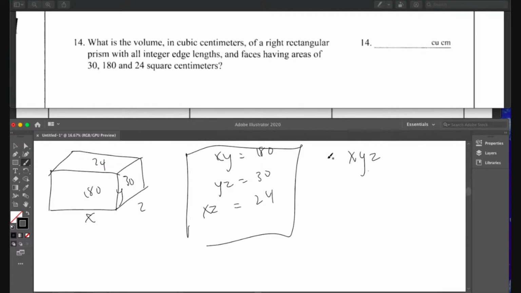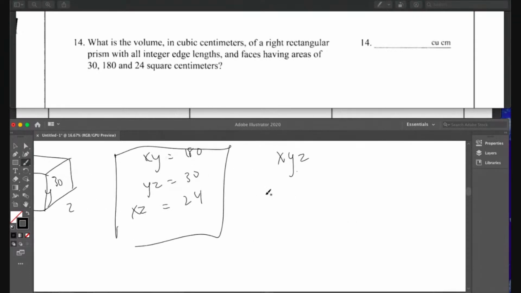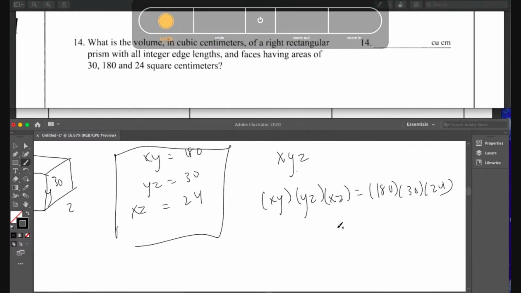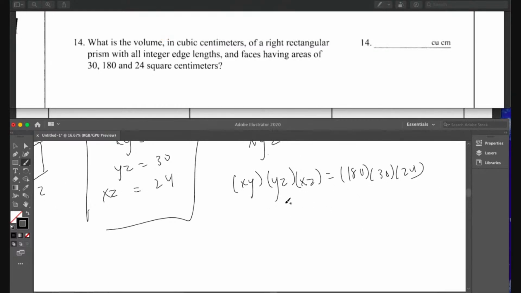But there's actually a neat trick if you have all these product pairs and want the whole three-variable product. You multiply all of these pair products together. So this equals 180 times 30 times 24. On the left side we have two x's, so x squared, two y's, so y squared, and two z's, so z squared.